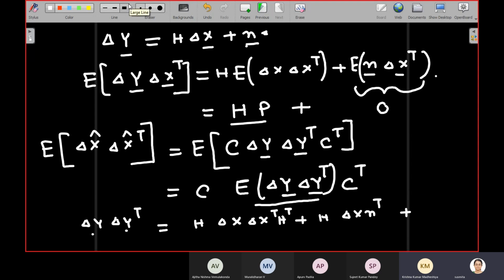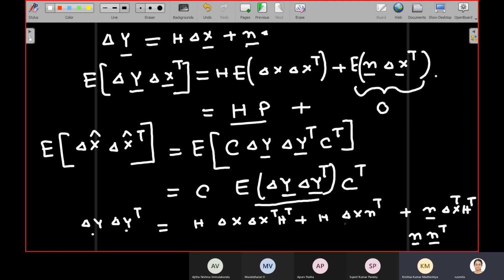We're just multiplying and applying the expectation operator, nothing great about it.